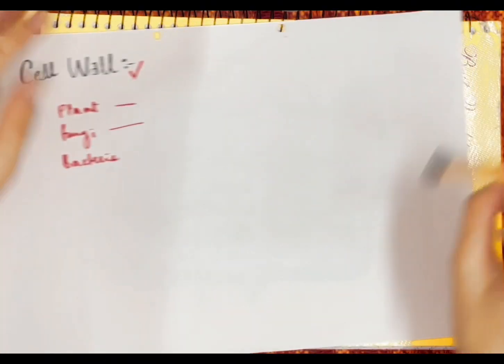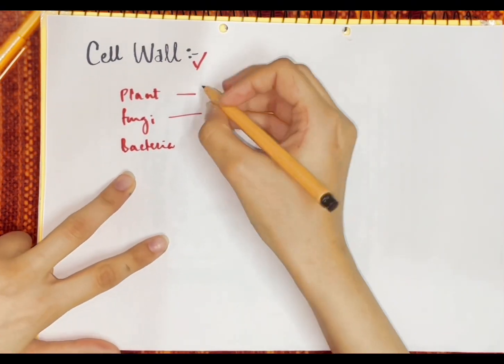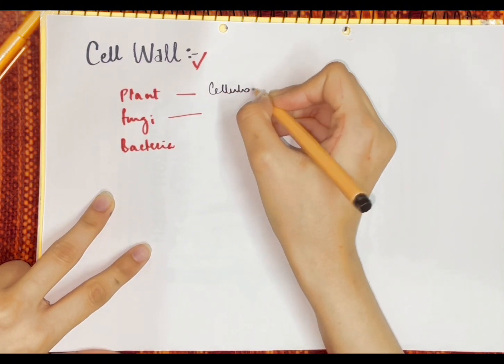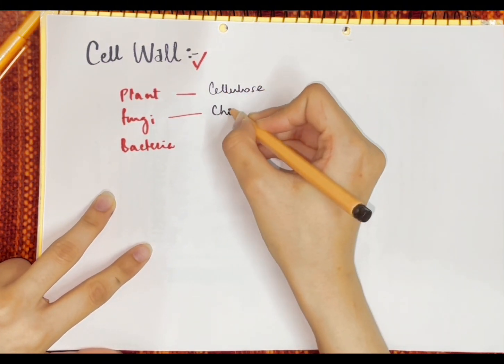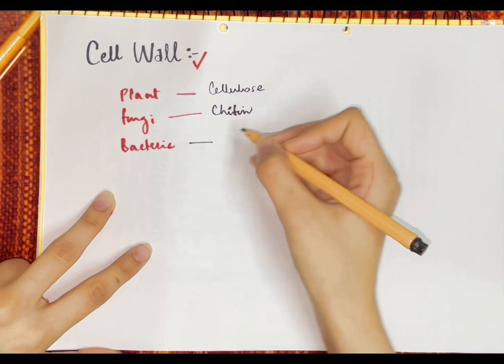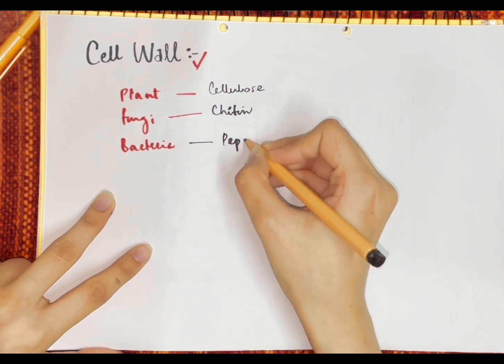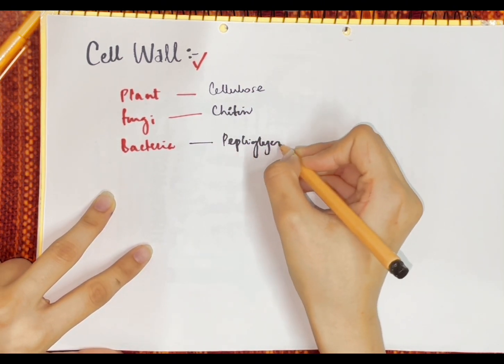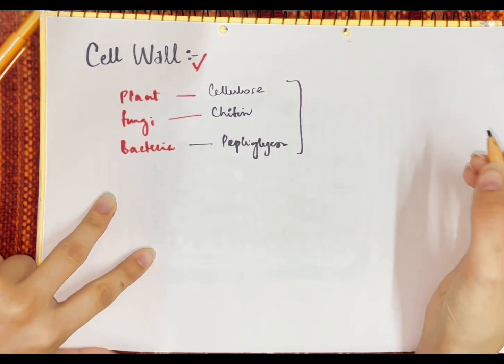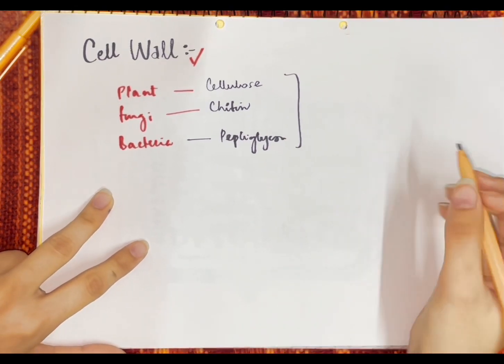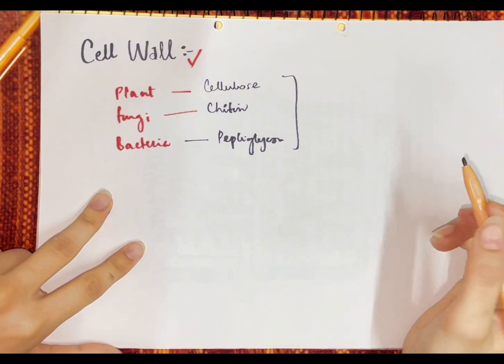The cell wall in a plant is made of cellulose. In fungi, it is made of chitin, and in bacteria, it is made of peptidoglycan. These are the three major forms in which the cell wall is present in many organisms.